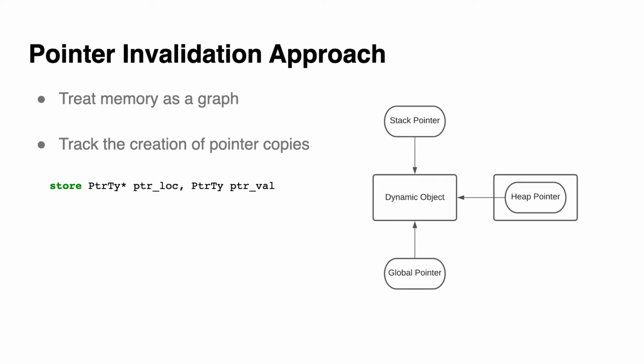Prior work mitigates use after free vulnerabilities with an approach called dangling pointer invalidation. This approach treats memory as a graph, where nodes are the dynamic objects and edges are the pointers. It tracks the creation of pointer copies by a specific LLVM store instruction of a pointer type.